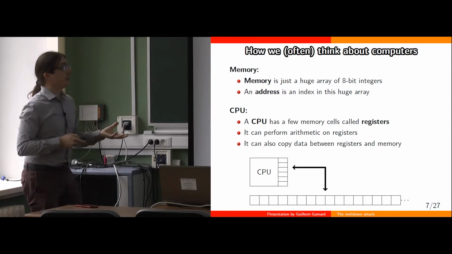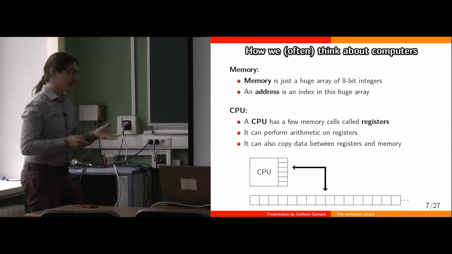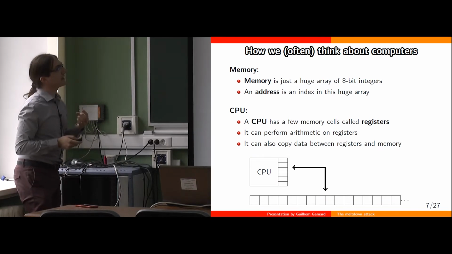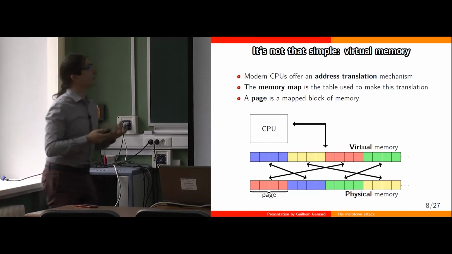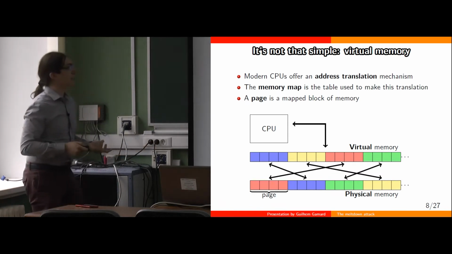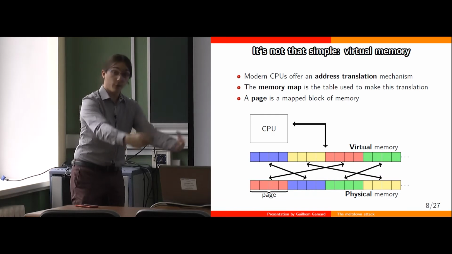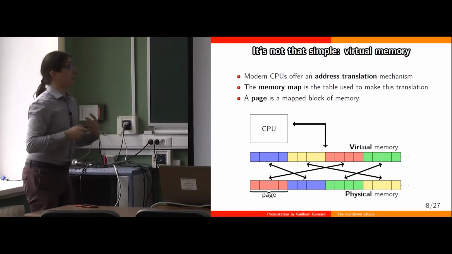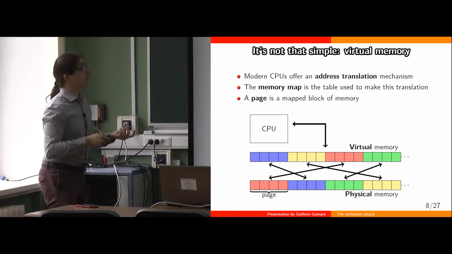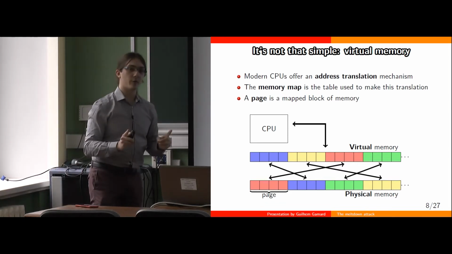So that's nice when you do computability or even complexity theory, for instance, but the reality is a bit more complicated because modern CPUs offer a translation mechanism. The idea is that the code that is executed, I'm talking about machine language code, manipulates addresses, but doesn't manipulate addresses in physical memory.